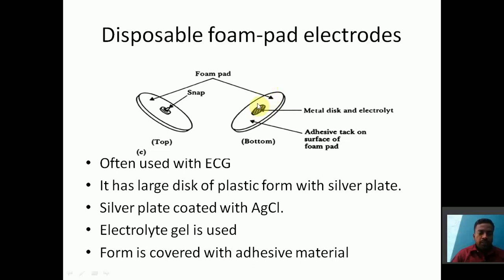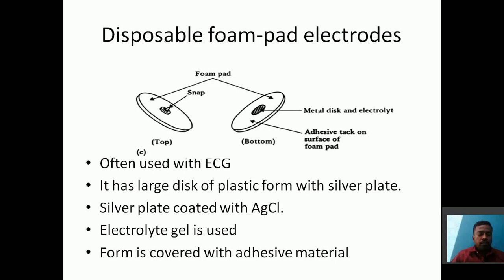This electrode does not need any surgical tape. This is an external projection that is used to connect the probe with the ECG amplifier. Very easy method to fix this electrode for measuring ECG. It has a large disc of plastic foam with a silver plate coated with silver chloride.